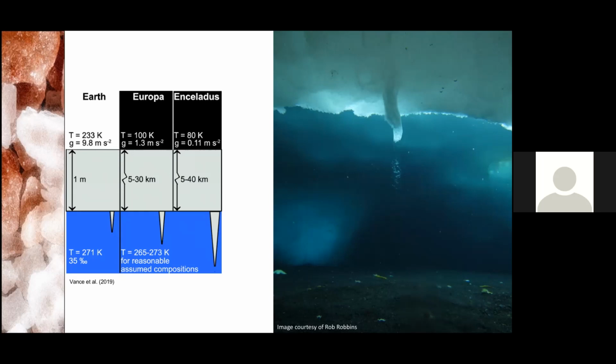So interestingly, brinicles have been modeled for the ocean environments at Europa or Enceladus in comparison with the terrestrial ones. And Steve Barnes and collaborators proposed that brinicles are ideal places where ecosystems of organisms might be found because they may concentrate nutrients, for example.